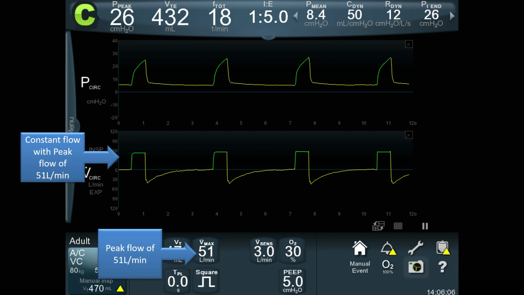The duration of inspiration is determined entirely by the peak flow. If you give a higher peak flow, the breath is shorter. If you have a lower peak flow, the breath is longer. But there is no set time for this particular breath. It's all based on volume cycling.